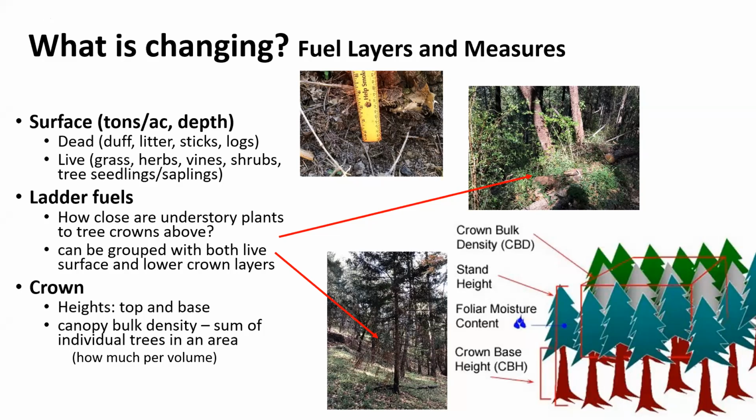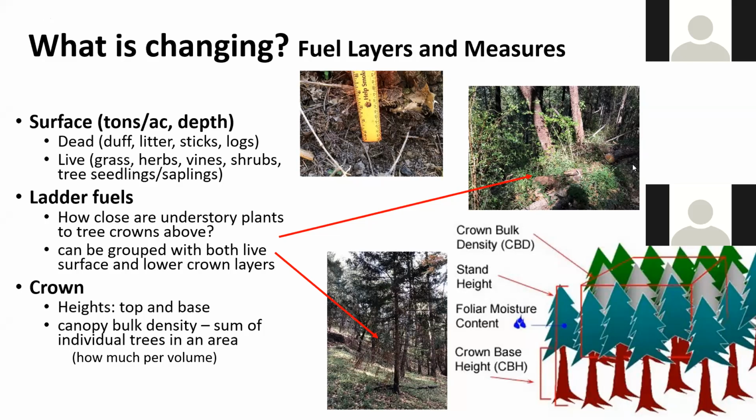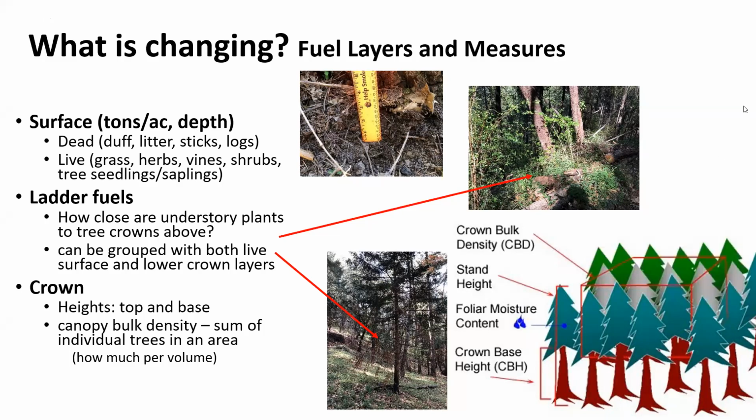And then the crown fuels, usually we're talking about trees, but in chaparral it can include the shrubs. We're talking about the top height of the whole crown or canopy, and then the base, where that live crown starts. Or in the case of Canada, they actually look at where the dead branches are starting to thicken up, because those provide ladders as well.